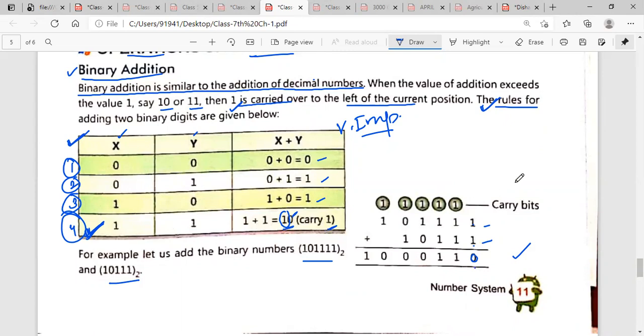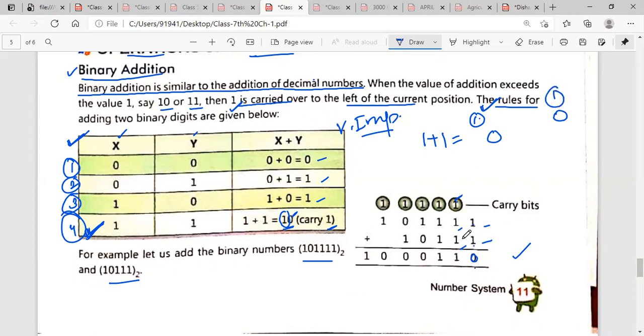Now again, 1 plus 1 is again 0 and 1 carry. And here is already 1 carry. And again 1 plus 1 is 0. And 1 plus 1 is 0 and 1 carry.